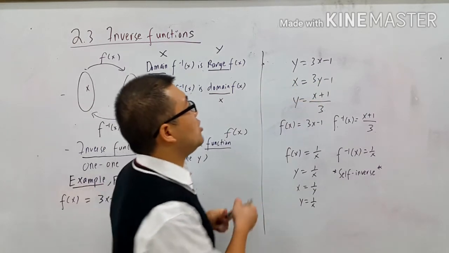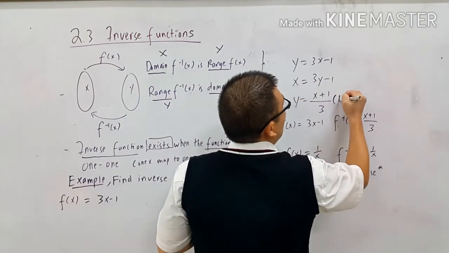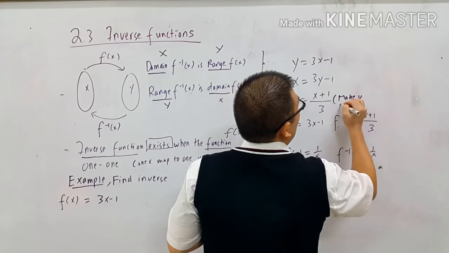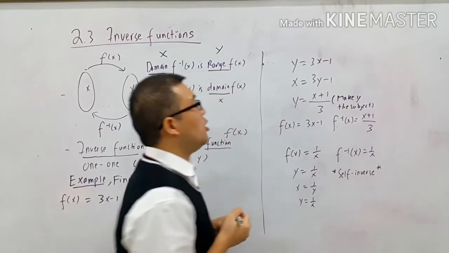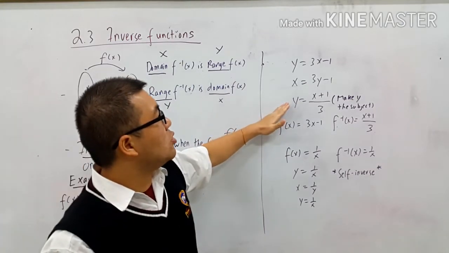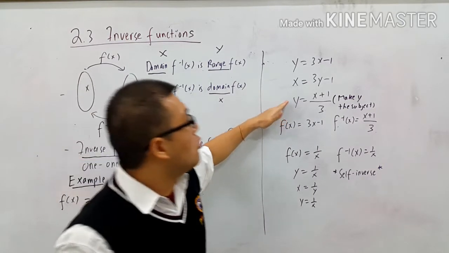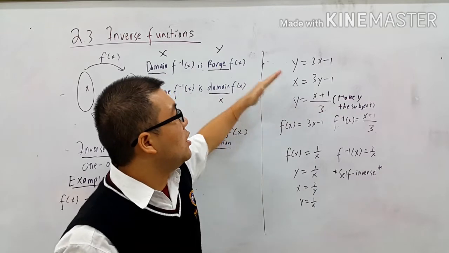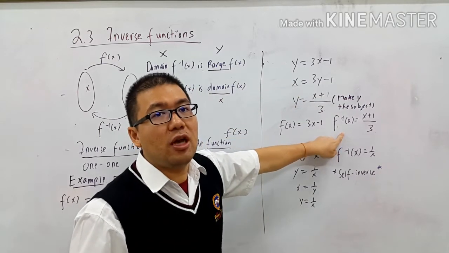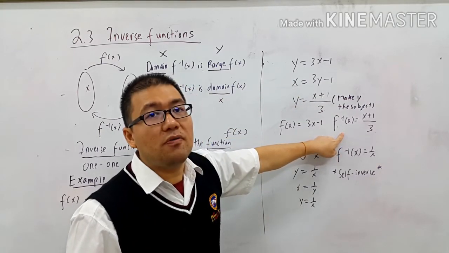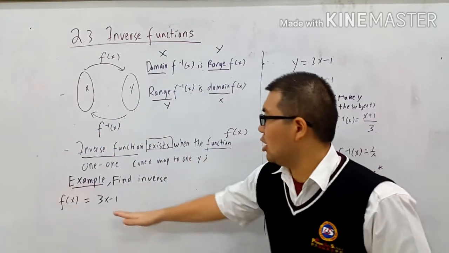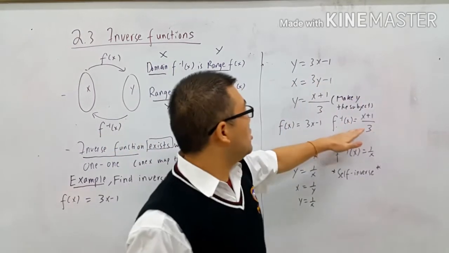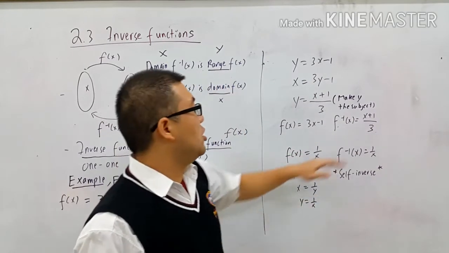And then I try to make y the subject back. So when I make y the subject, I will have y equals (x plus 1) over 3. Now this new function itself is my inverse function, f to the power of inverse 1. Okay, so this is my f(x). Just now, as we can see right here, my inverse is (x plus 1) over 3.